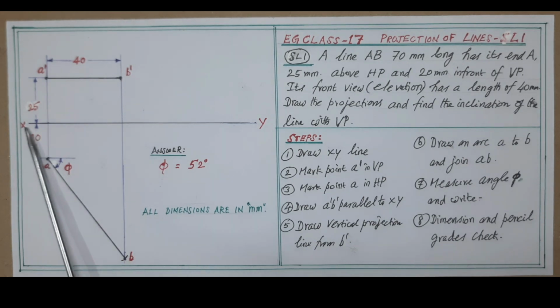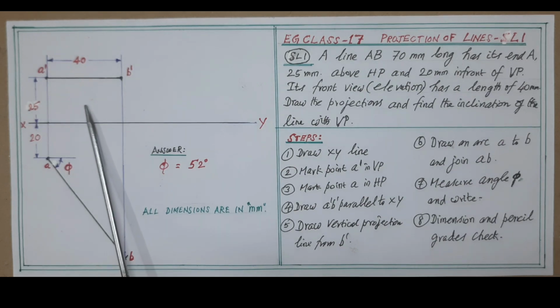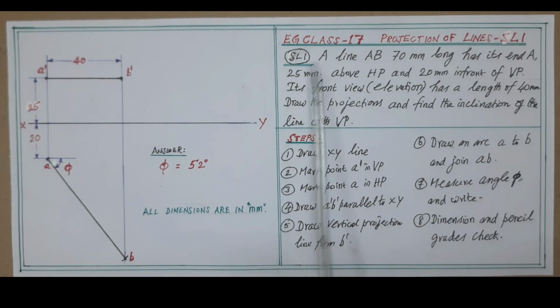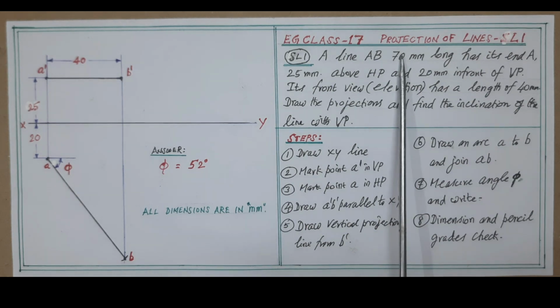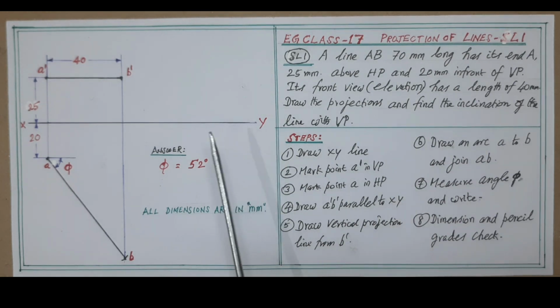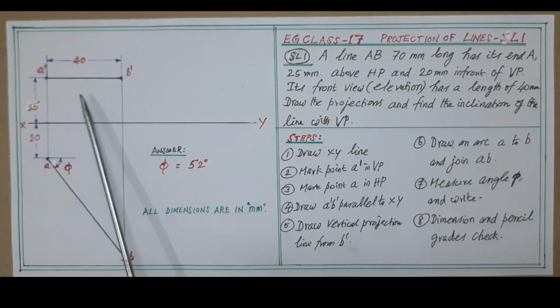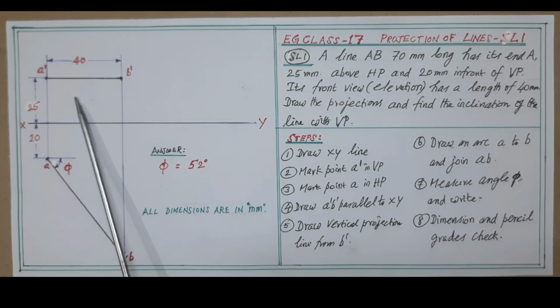Next, the length of the line given in the problem is 70 millimeters, but the length when it is viewed in elevation, that is front view, is only 40 millimeter as given in the data. That is, the elevation image falls only on the vertical plane and is shorter in length.